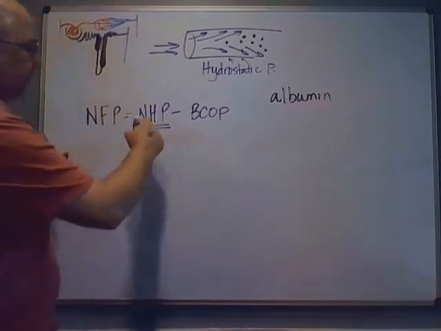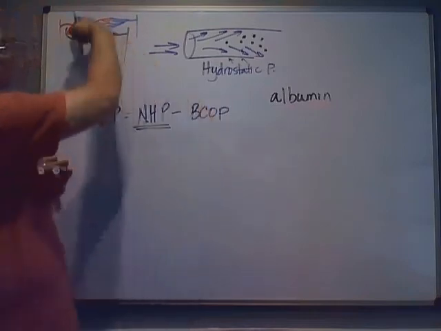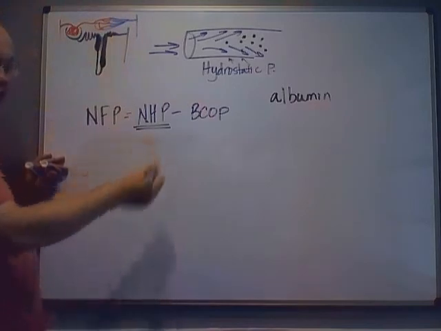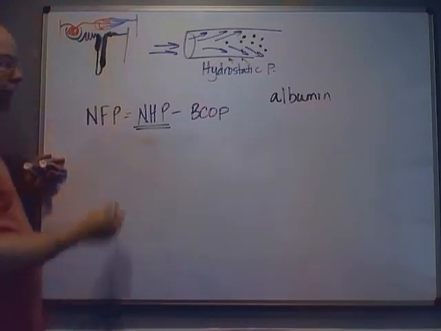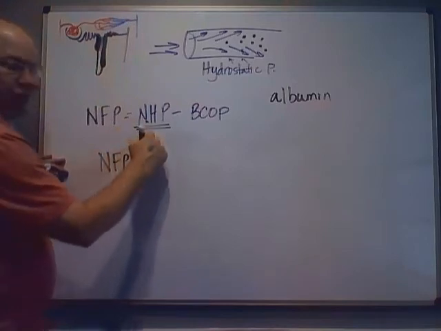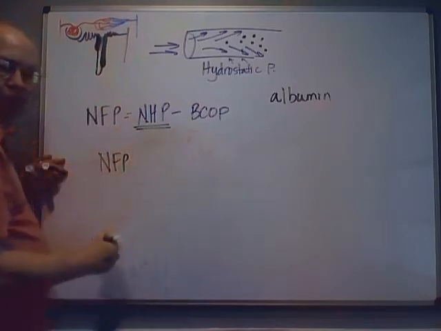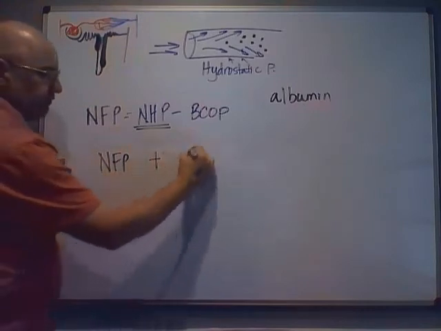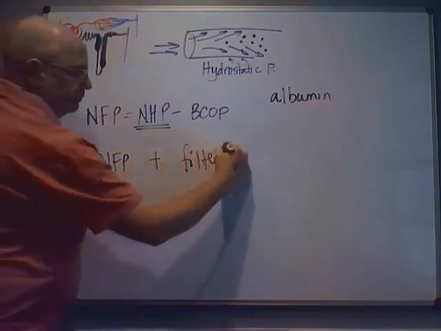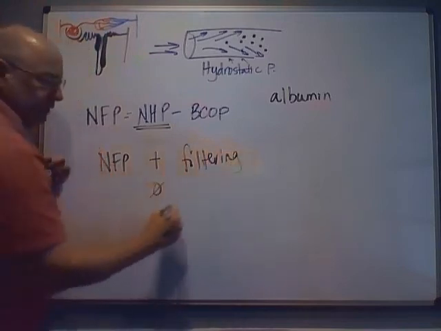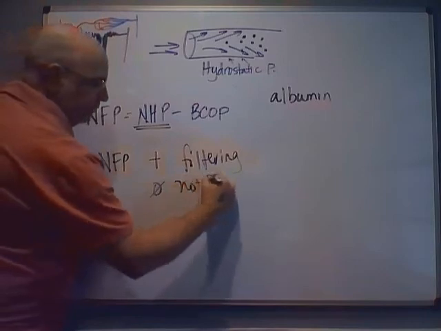Okay? Now, I also have the blood colloid osmotic pressure trying to pull back into the capillary. So all three of these pressures are kind of fighting each other, and what we need to know is this. If the net hydrostatic pressure is greater than the colloid osmotic pressure, in other words, if net filtration pressure is positive, we are filtering blood and cleaning it. If it is 0, then we are not filtering.